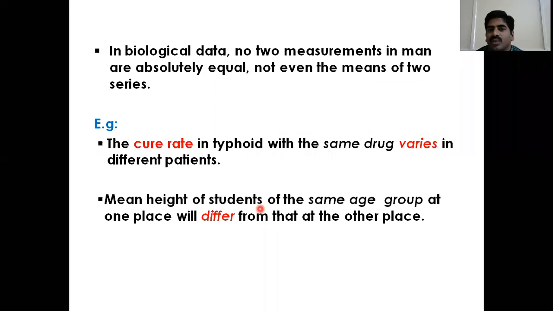The mean height of students of the same age group at one place will differ from that at another place. You can take one group and calculate the mean, and at another place take some samples and calculate the mean; for the same variable, it may differ. And in the cure rate in typhoid with the same drug, you can take a homogeneous sample and give the drug, and person to person the cure rate may differ.